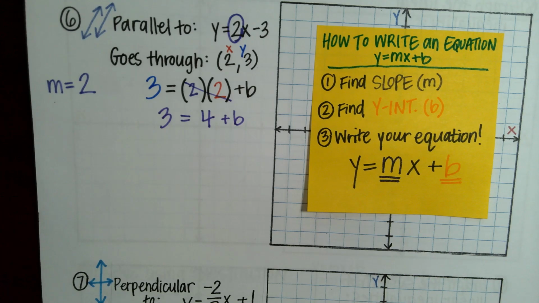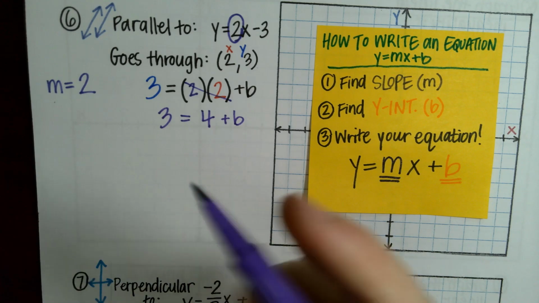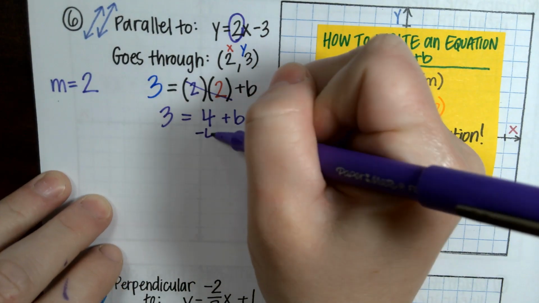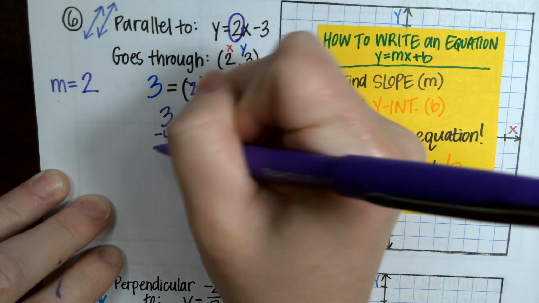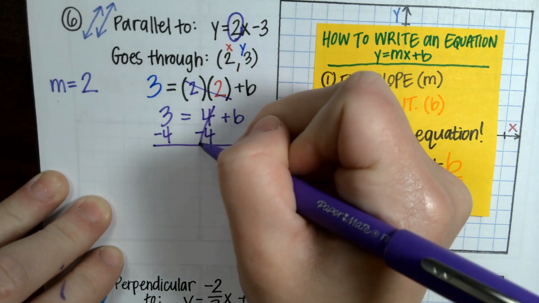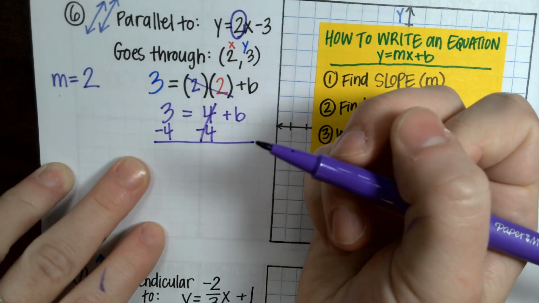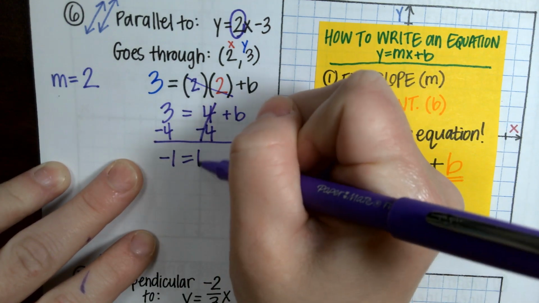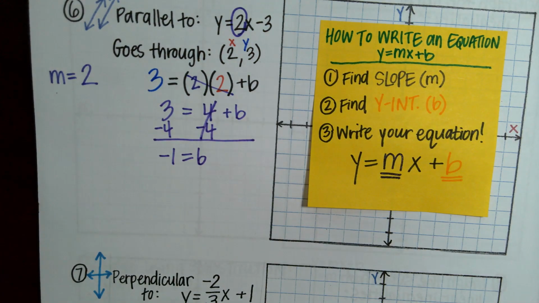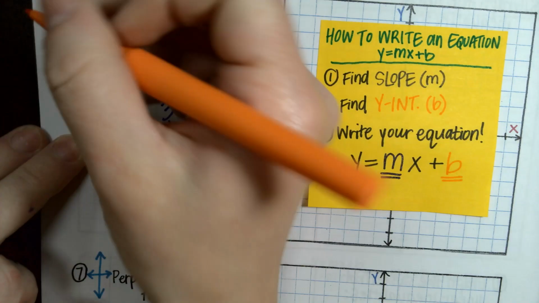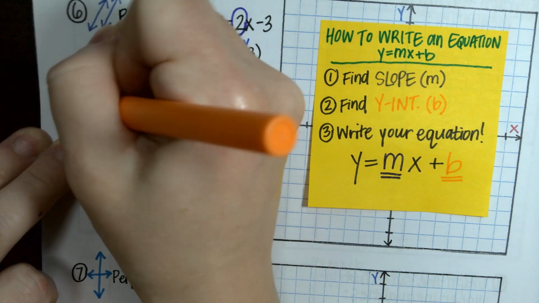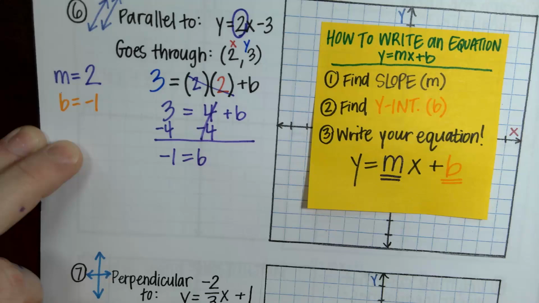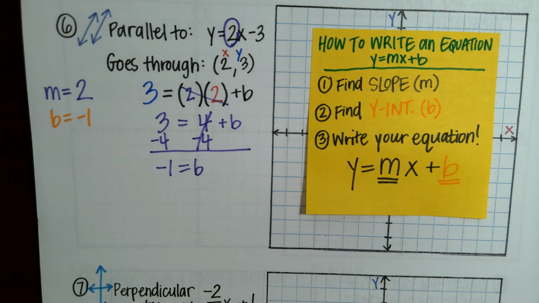Subtract 4 from 3? Yes, I want to subtract 4 from both sides to get it to cancel out. Minus 4. So 3 minus 4, what is that? Negative 1. So we have a value for b now. b equals negative 1.